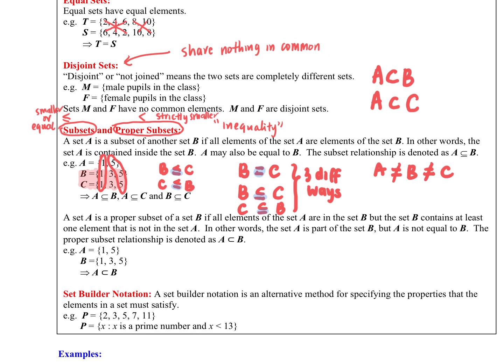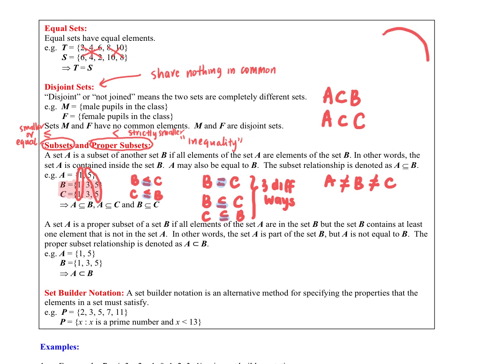Remember, proper subset means you must be strictly smaller. Let's say A is 1 and 5, then B is 1, 3, 5. So B still has a 3 that A doesn't have. Get used to all the symbols I'm telling you.